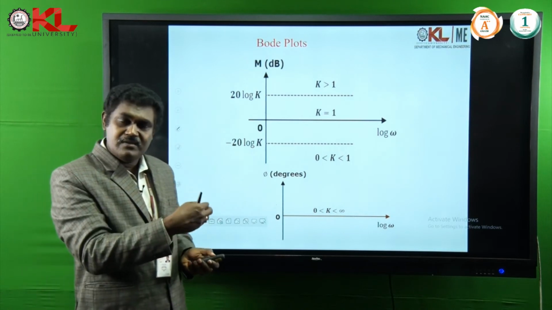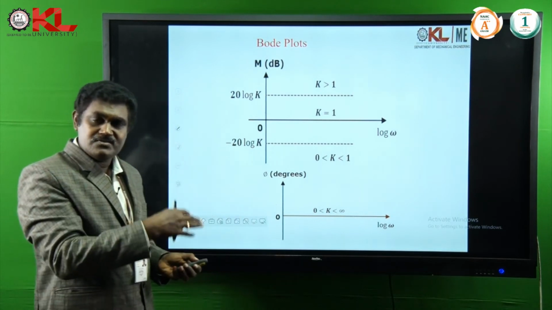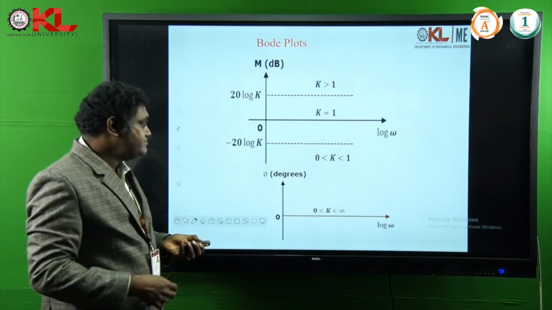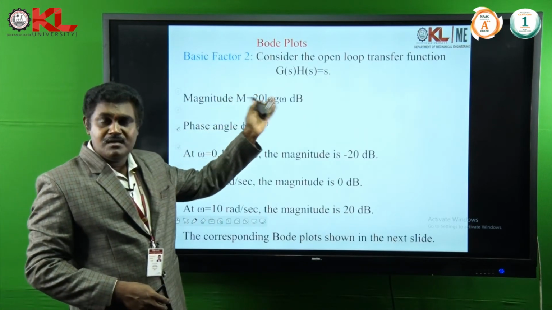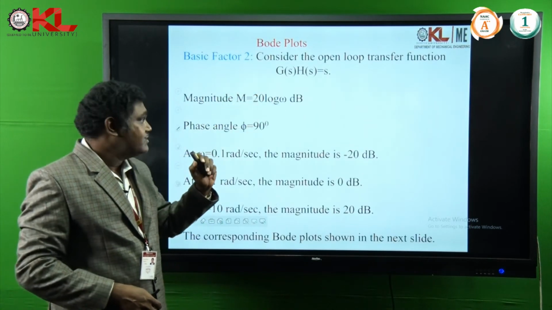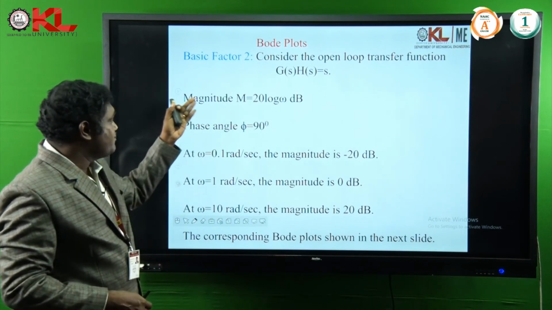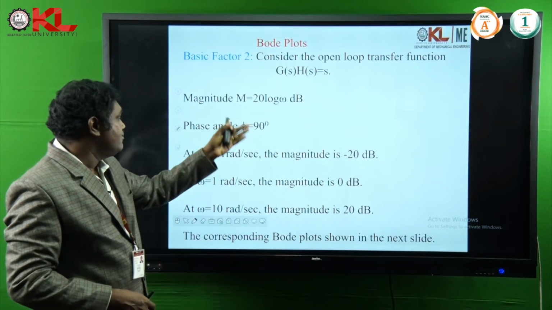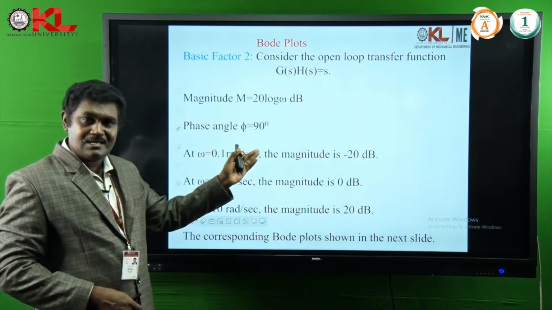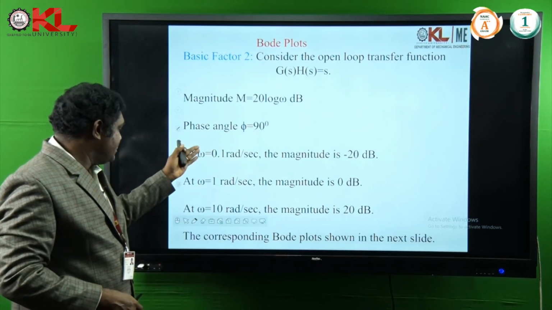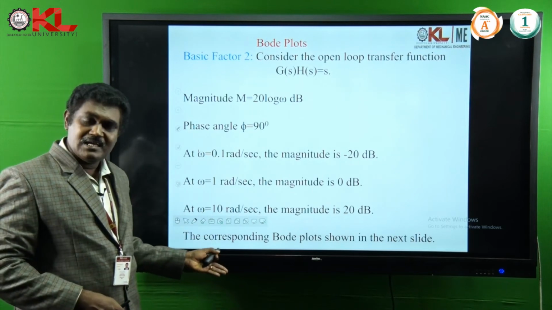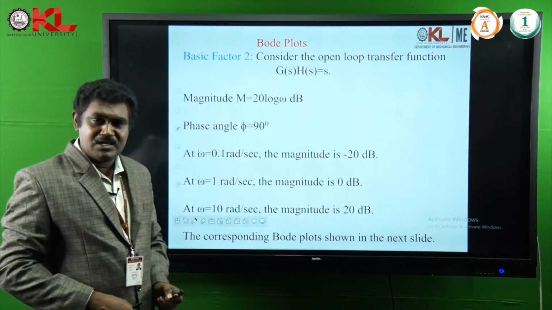Similarly, you have to construct the plots for the different factors we have seen in the tabular form. If it is simply s, that is j omega, then the magnitude is 20 log omega and the phase angle is 90 degrees. At different omega values, I have to find the magnitude values.